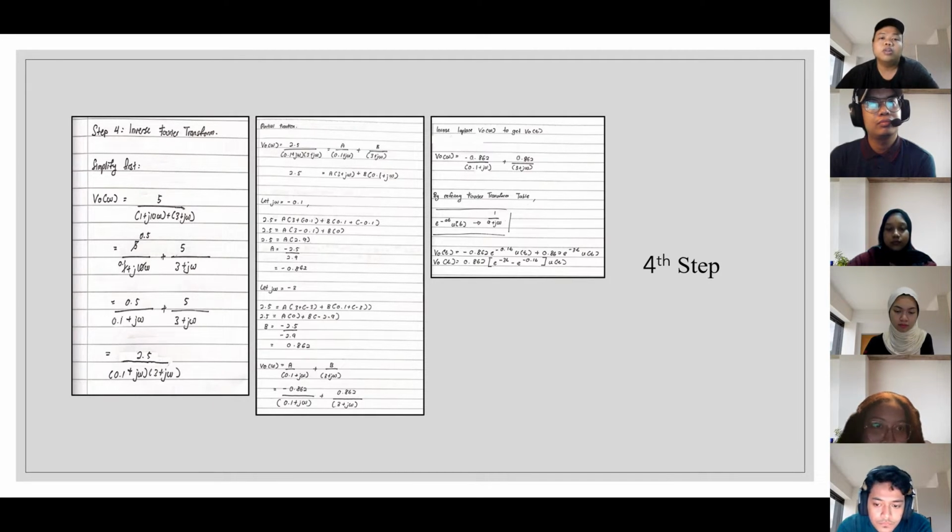(0.1 plus j omega). Let j omega be negative 0.1: 2.5 equals A bracket 3 plus negative 0.1 plus B bracket 0.1 plus negative 0.1. So we get the answer 2.5 equals A bracket 2.9, and then A equals 2.5 over 2.9.